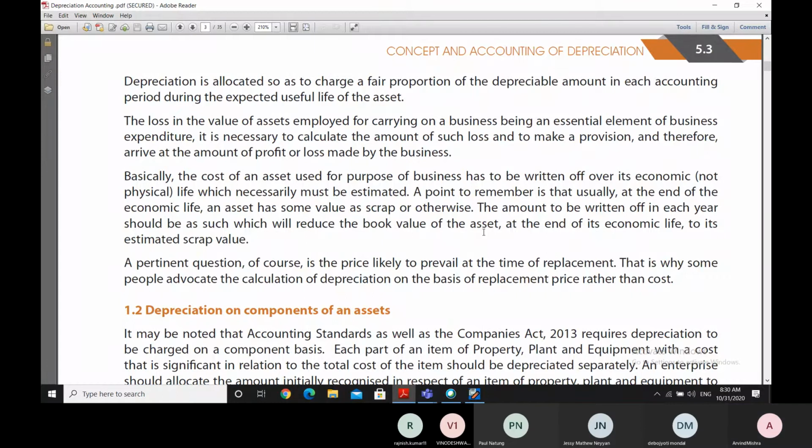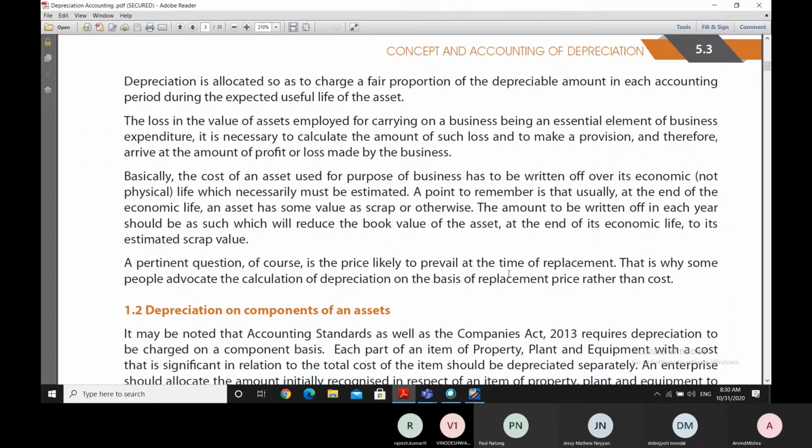So when the machine goes out of use, then what we have to do is that we have to buy a new machine instead. So it is a very important and pertinent question that once an older machine expires its life, what is the price likely for its replacement at the time it needs to be replaced?